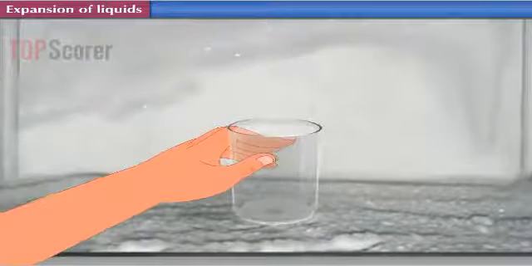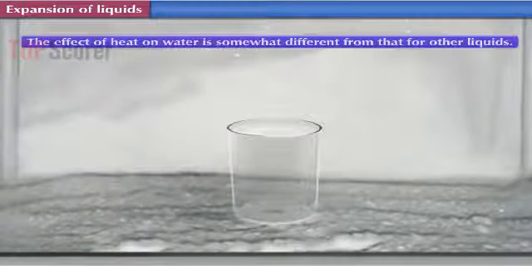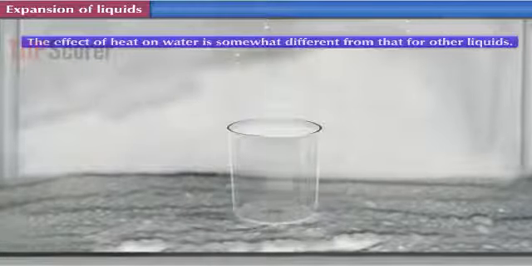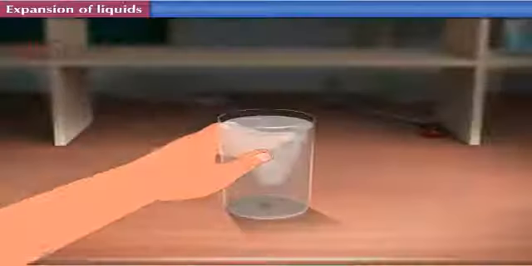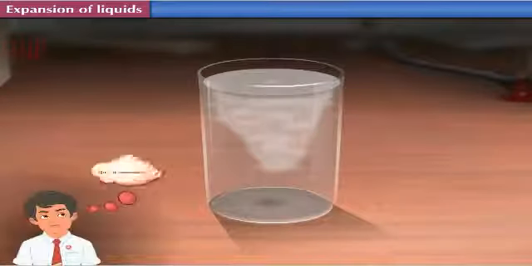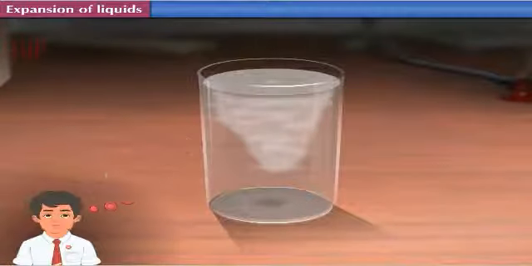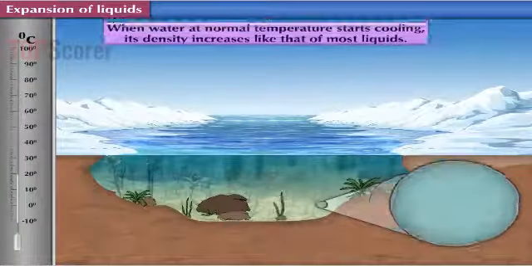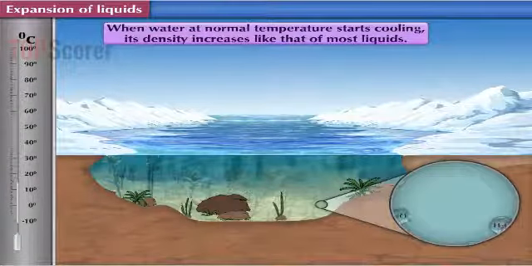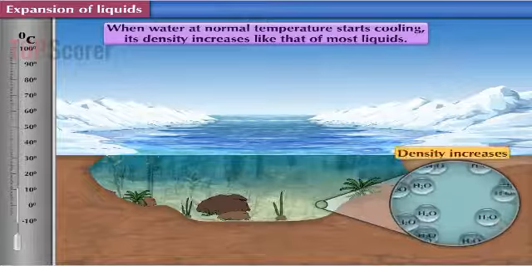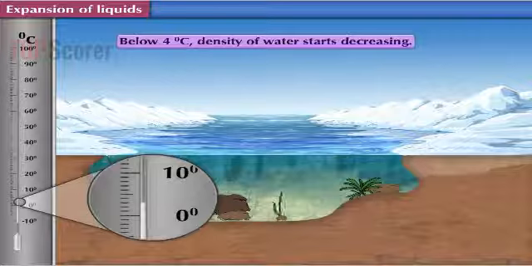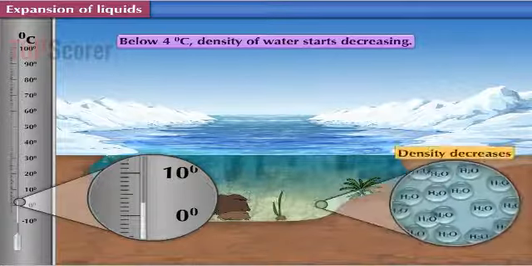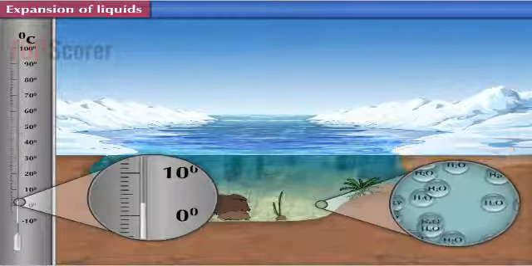It is interesting to know that the effect of heat on water is somewhat different from that for other liquids. In the previous grade, we studied about it. Do you remember? Yes. When water at normal temperature starts cooling, its density increases like that of most liquids. But below 4 degrees Celsius, density of water starts decreasing.